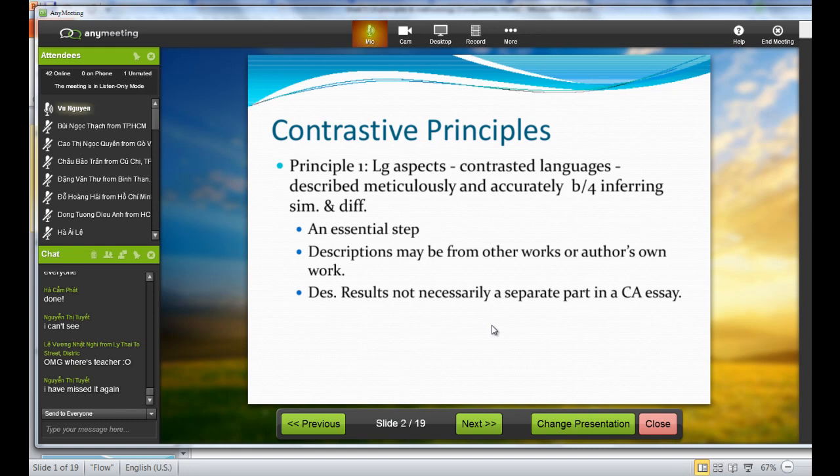So you can have your description of one language and then move on to the other, or you can describe each aspect in two languages, and then move from one aspect to the other. Very soon after this activity, we are going to have a practice with some contrastive analysis works, and I will require you to identify the principles that we have just discussed here.